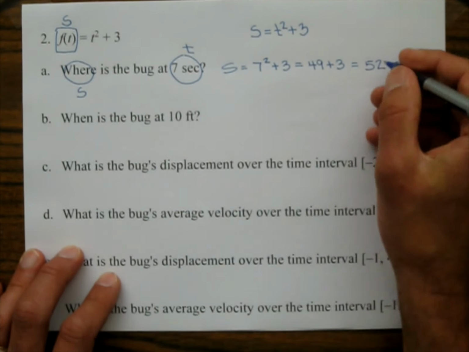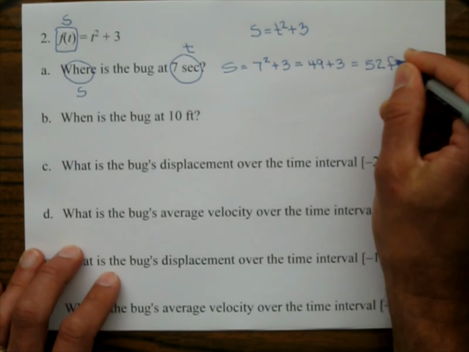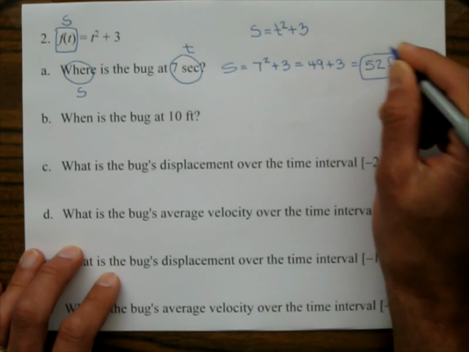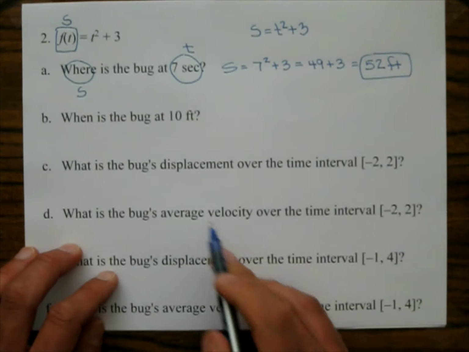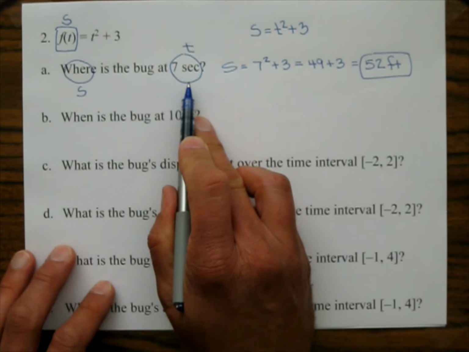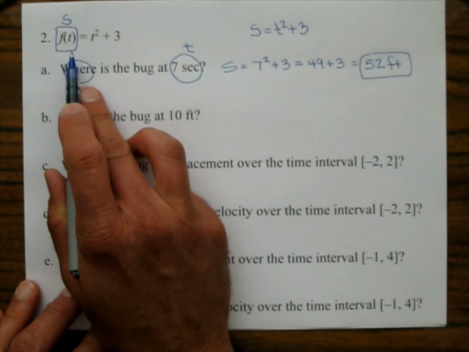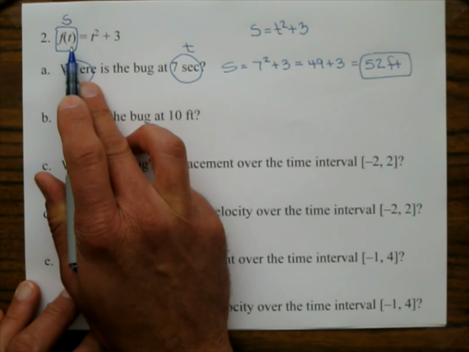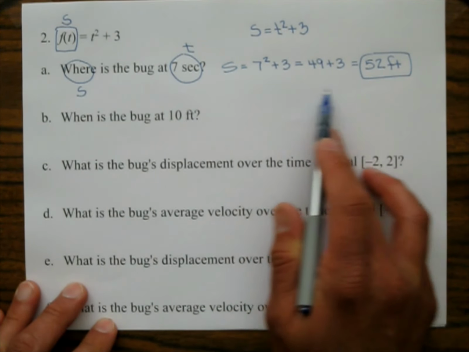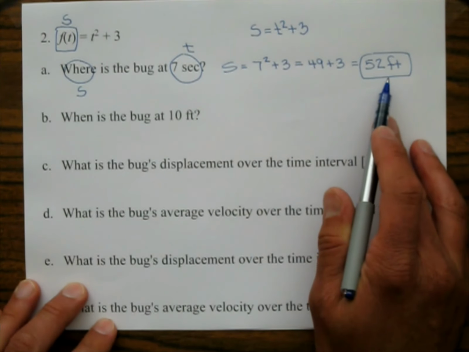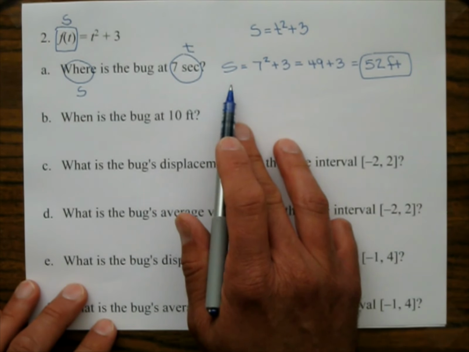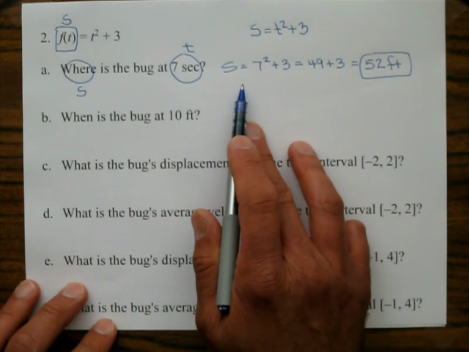Position is measured in feet in these problems. So that's where the bug is at 7 seconds. Now, the function notation is sweet because another way we could have done this problem is we could have just said f of 7. That's a nicer way of writing it, but this is just as good.